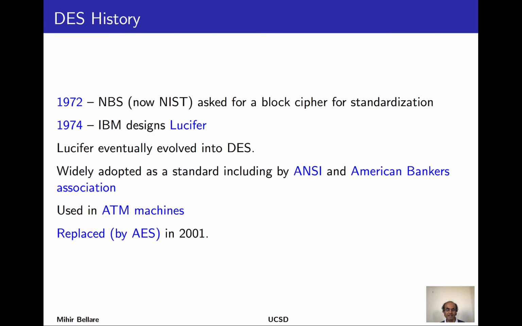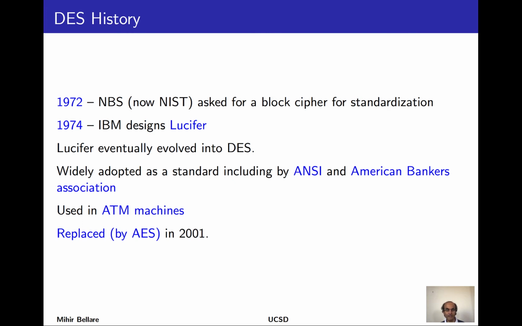And this led the National Bureau of Standards, now called the National Institute of Standards and Technology, to look for a block cipher to standardize. That means that they wanted to publicly post the algorithm so that everybody could use it and have some sort of government backing that, yes, it has been validated in some way for security.